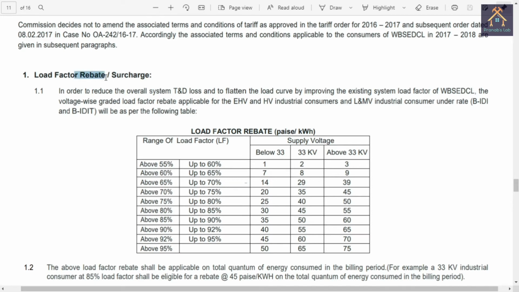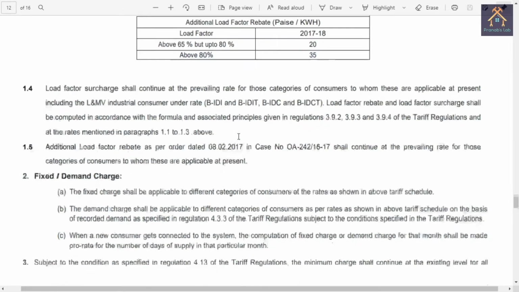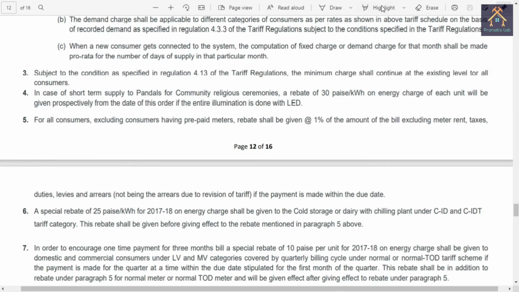Now you can see the load factor rebate or surcharge section, and follow point number 5. It states that for all consumers, excluding consumers having prepaid meters, rebate shall be given at 1% of the amount of the bill excluding meter rent, taxes, duties, levies and arrear, not being the arrears due to the revision of tariff, if the payment is made within the due date.